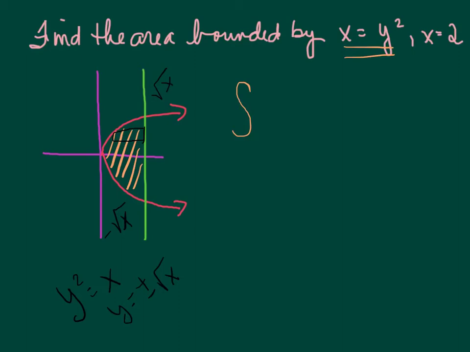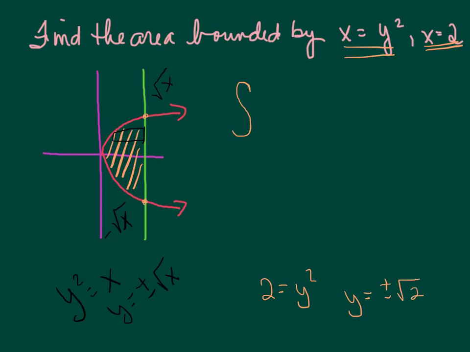So I'm going to set this up to go from, and I have a couple options here. I can do from those 2 points of intersection, which are not going to be very nice, because if I set x equals 2 and x equals y squared equal to each other, I get 2 equals y squared, so y is plus or minus the square root of 2.